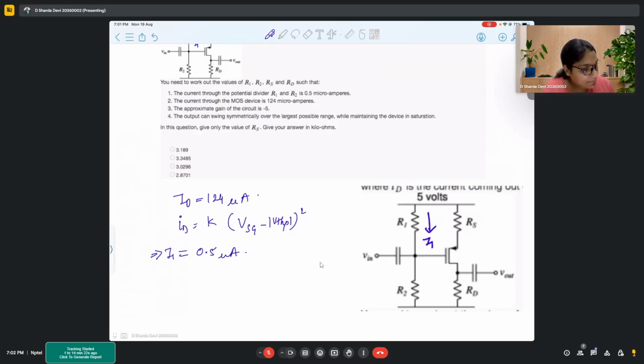The current through the MOS amplifier, this is ID, is mentioned as 124 microamperes.